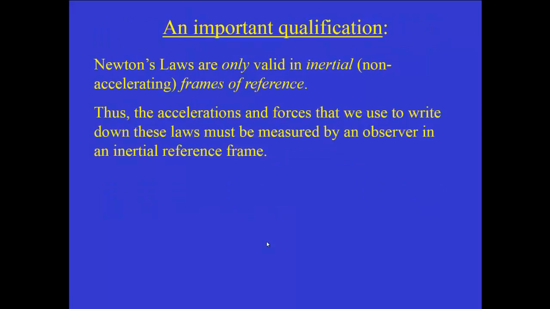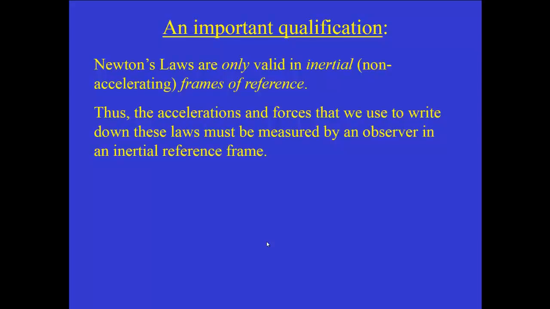Okay, one important qualification about Newton's laws is important to keep in mind: Newton's laws are only valid in so-called inertial frames of reference. An inertial frame of reference is one that's not accelerating. So if you're driving in a car down the road at a constant speed and you're not turning, that means your velocity is constant and you're not accelerating. That is an inertial frame of reference.